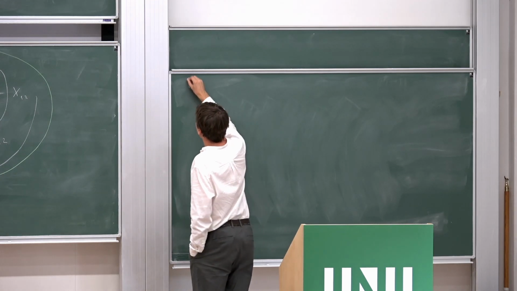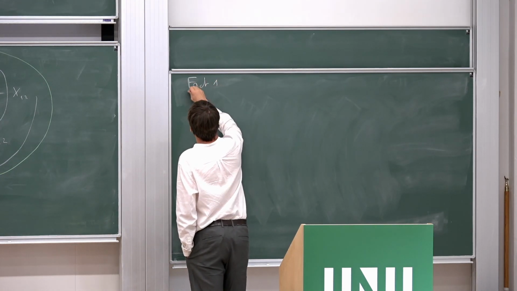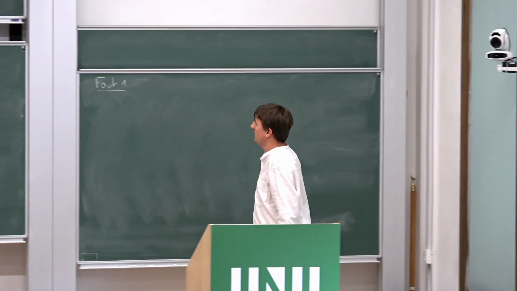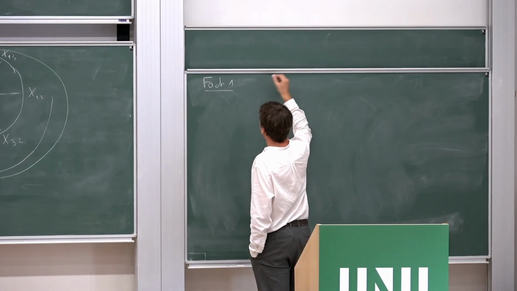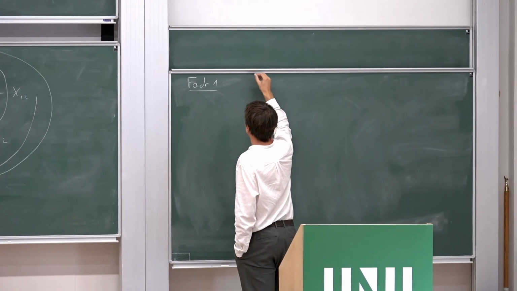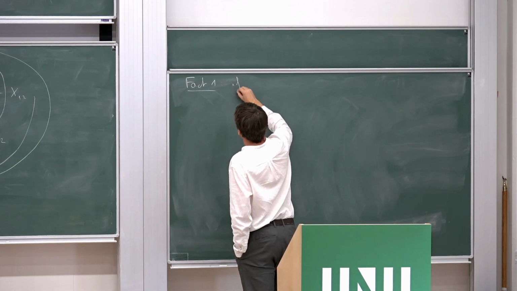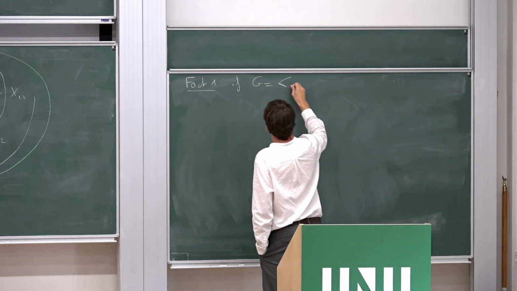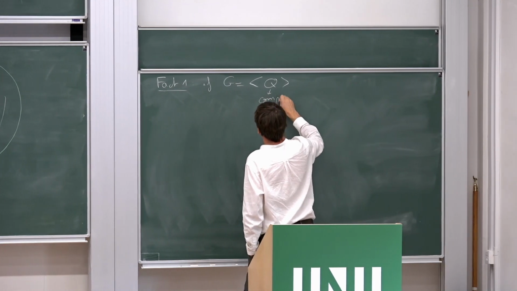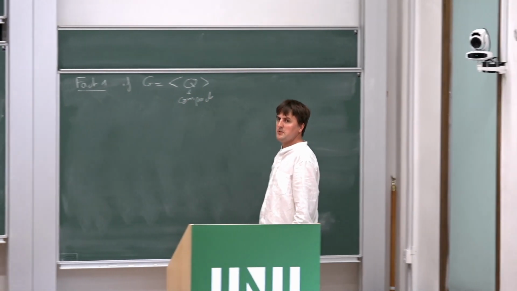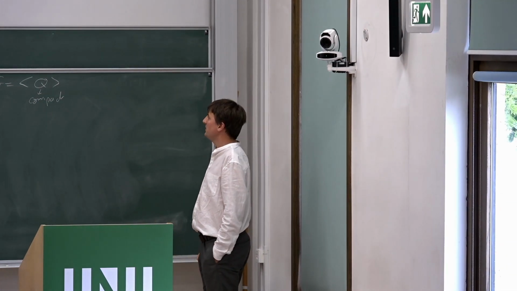So fact 1, which is very easy: G is a compactly generated group, so let me choose Q, a compact generating set of this group.